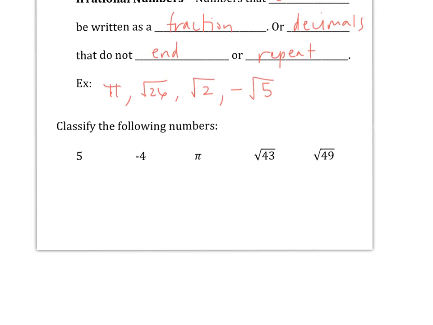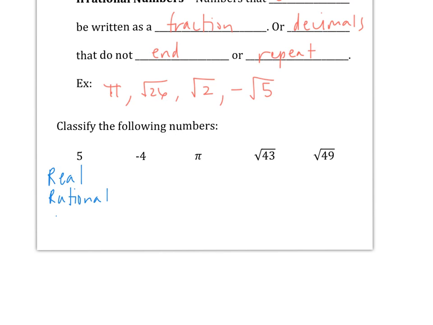So now let's look at classifying the following numbers. Let's look at 5. 5 is a real number. It is also rational, and I like to think of rational numbers as the clean numbers, where irrational numbers are like the ugly numbers. So 5 is a real number. It's also rational.